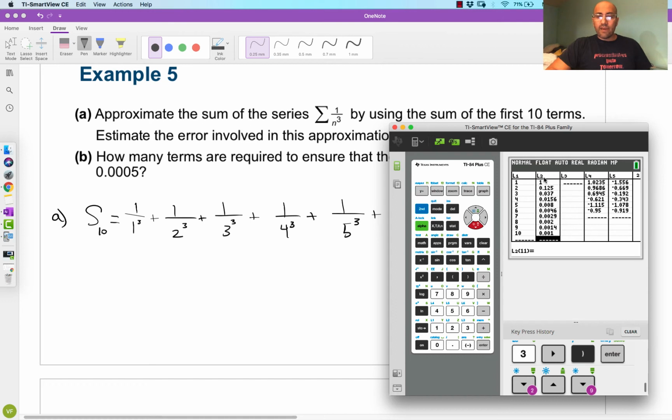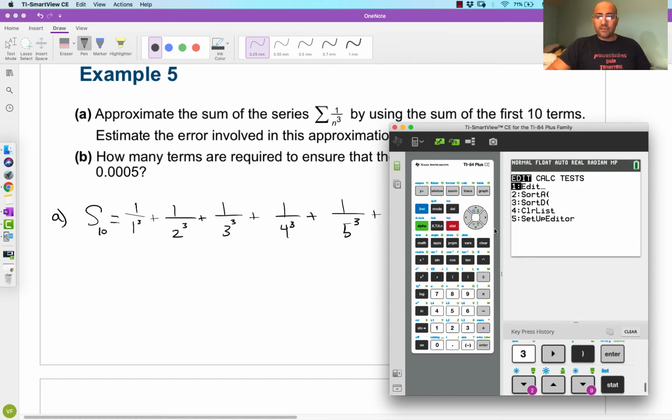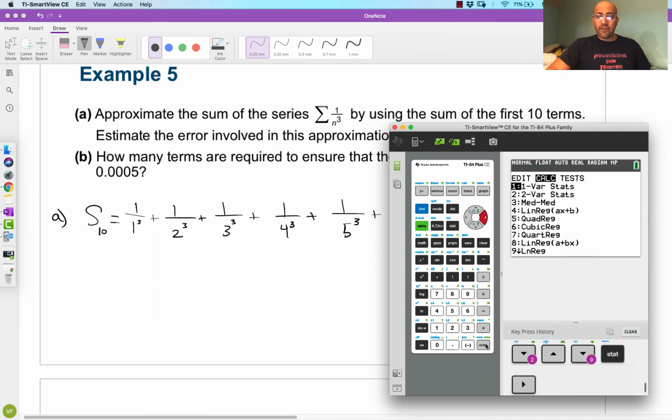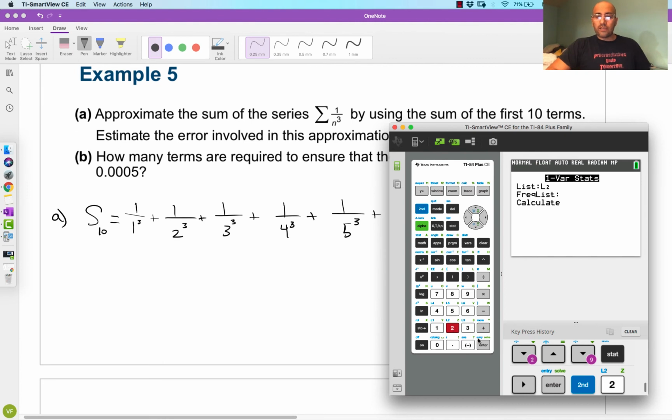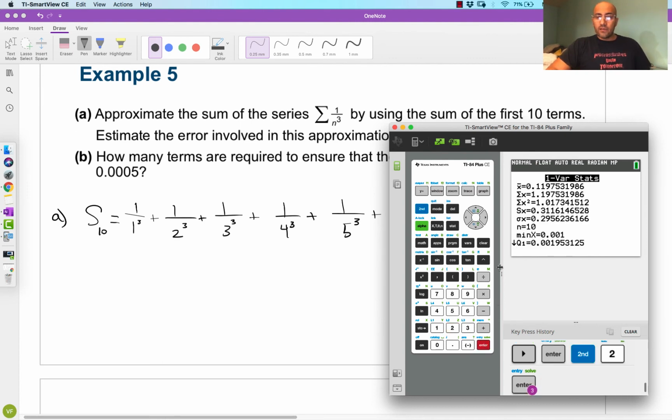And then if I want to find the sum of all of those, I'm going to do Stat, Calculate, one variable statistics on list 2. This gives you a whole lot of stuff about that list, including the sum of the numbers. A lot of it we don't need in this class, but right here, this is what we want. The sum of x values, the sum of all the values on that list. Let me do it again.